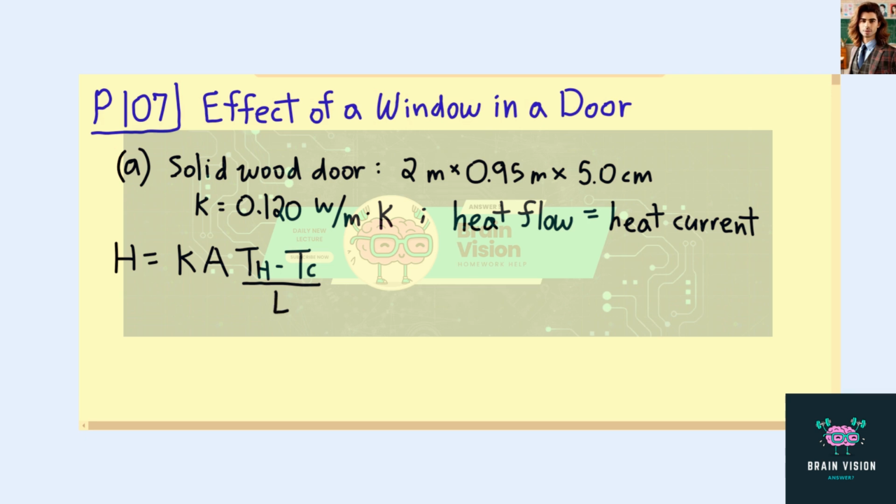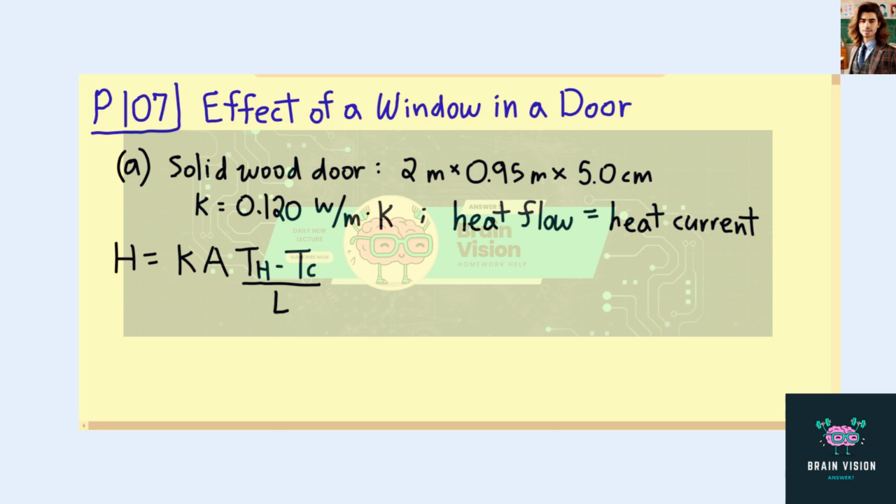Since we're talking about a door, that length is the thickness of the door. You can imagine the cold air on the outside of the door and the hot air on the inside, and the heat travels through the door's thickness.